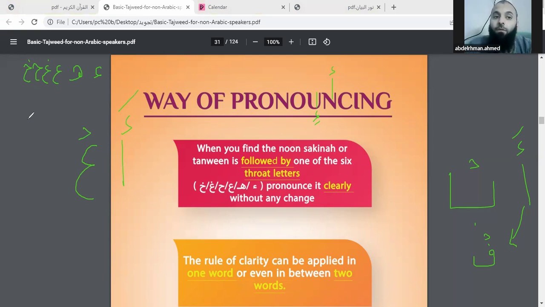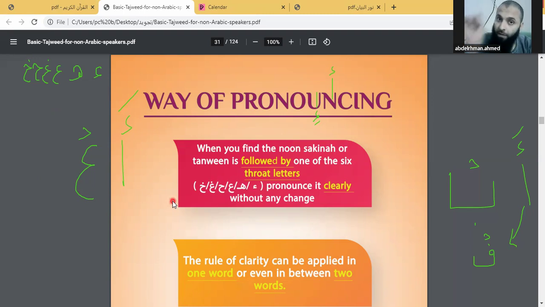Same for the letter ha, same for ghain and kha, and same for the ha and the hamza. So these six letters come from the throat. So what should I do again?